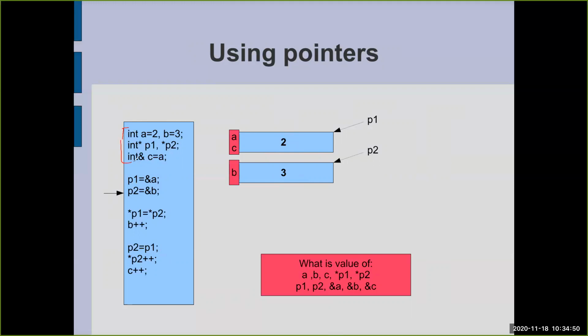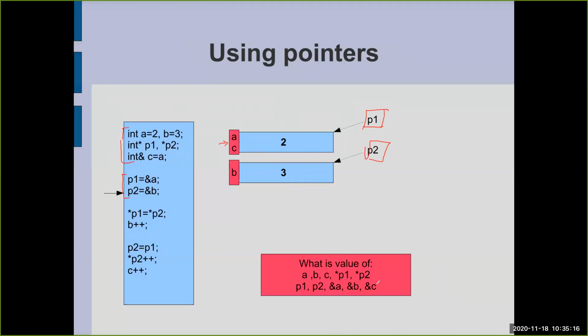I also have variable C, which is a reference to A. So A and C share the same area of memory, and I have two pointers. Initially P1 points to A and C, and P2 points to B.